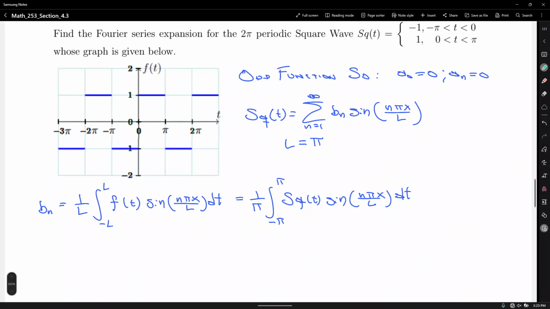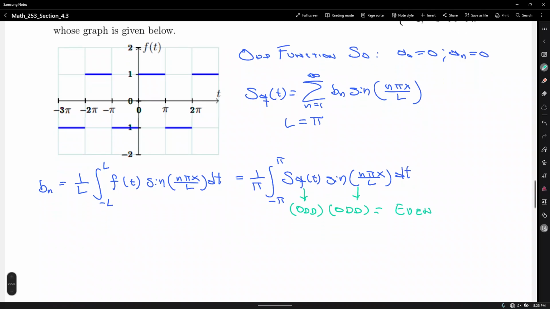Do you guys agree that this square wave is an odd function? And what about the sine function? Is that even or odd? Odd, okay? What do we get when we multiply an odd function with another odd function? Right? Even. Okay, what does that mean?